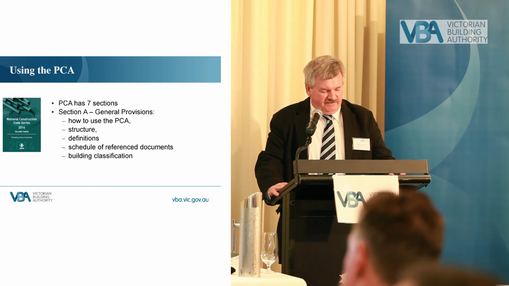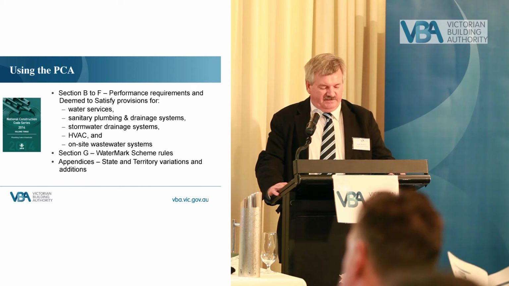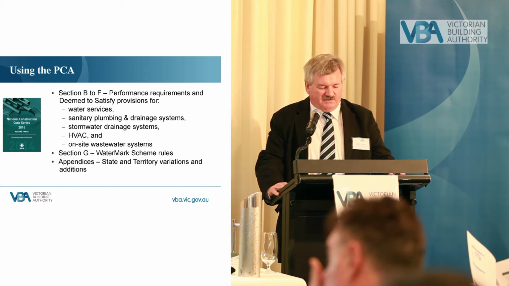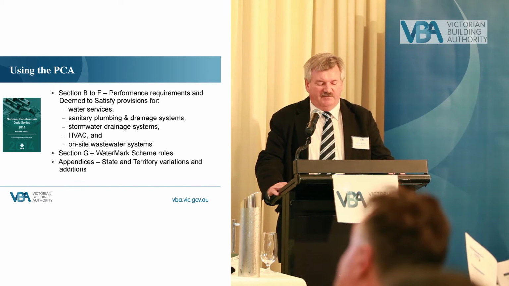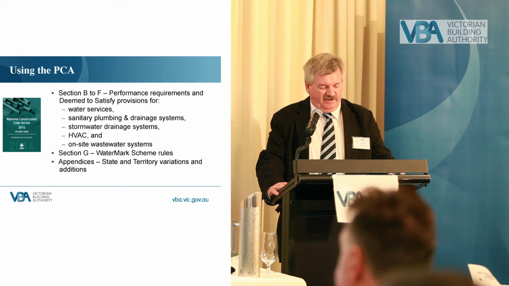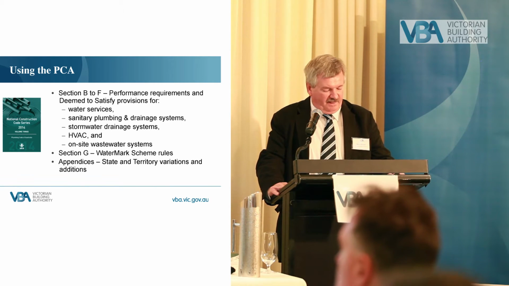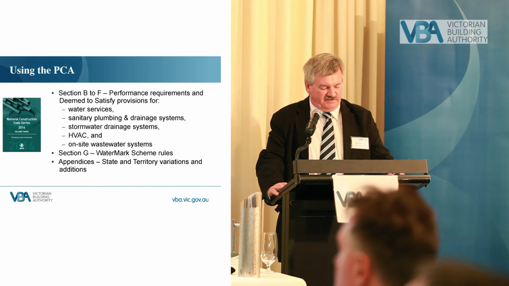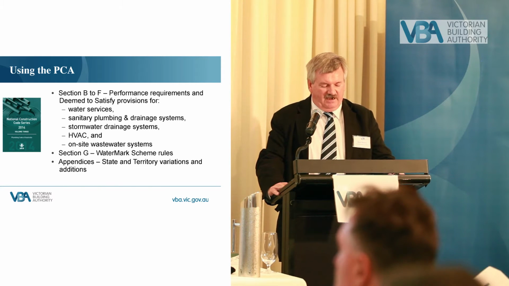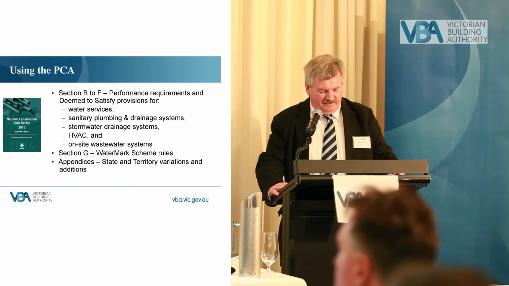Sections B to F are the technical how-to sections, where you will find the performance requirements. It covers water supply, water services, sanitary plumbing and drainage, stormwater, heating, ventilation and air conditioning, and on-site wastewater treatment or management. Section G sets out the rules for the certification and authorisation of plumbing products and materials under the Watermark Certification Scheme.